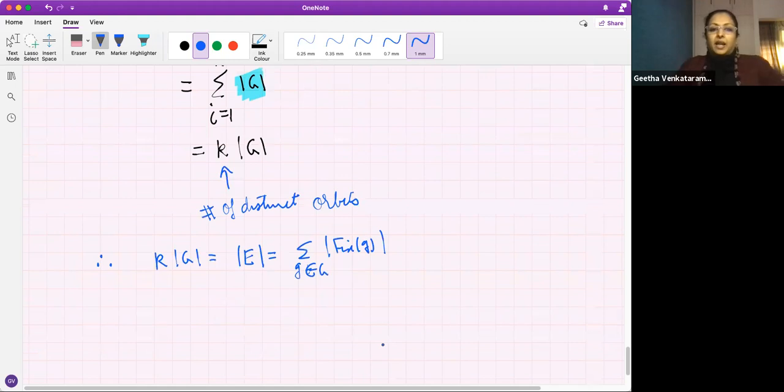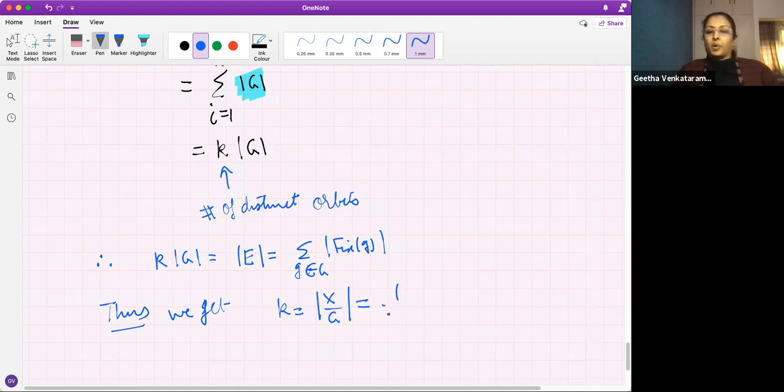Thus we get k, which is nothing but the number of distinct orbits, is equal to 1 upon order G times the summation g belonging to G of order fix g. Please remember that the number on the right hand side is also a natural number.